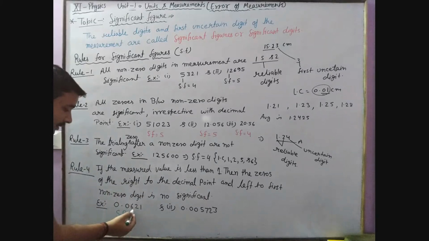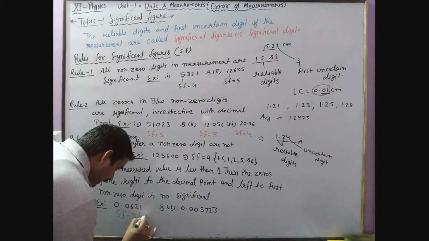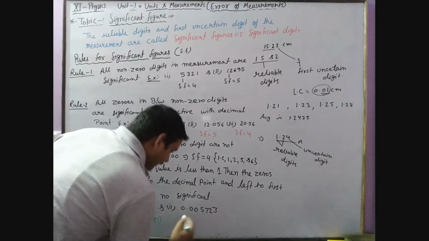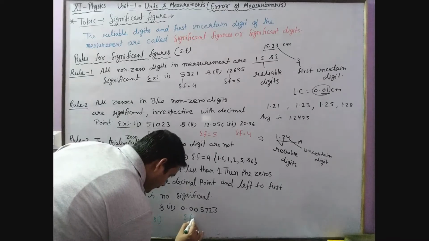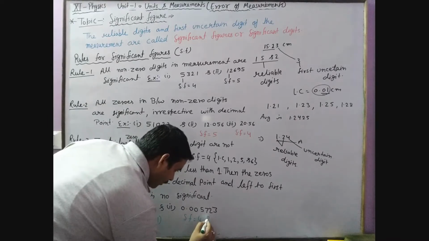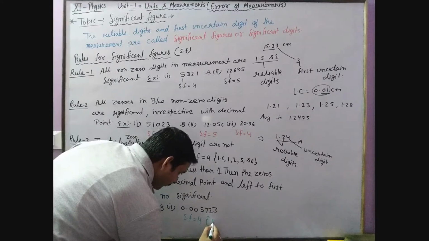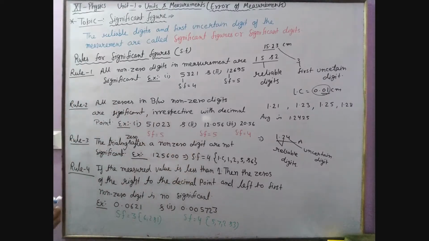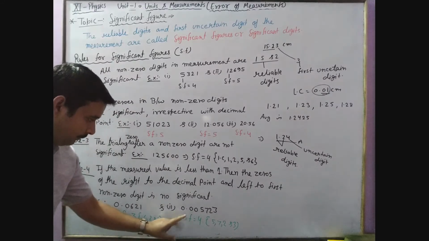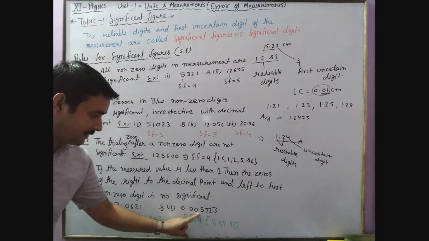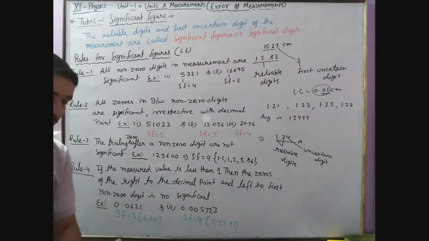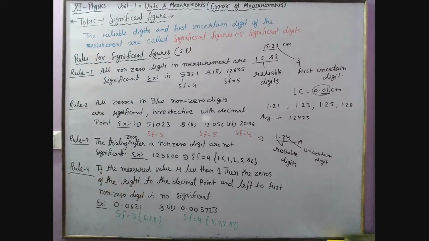So there are only 3 significant figures, which are 6, 2 and 1. And here the significant figures are 4, because 5, 7, 2 and 3 are significant figures. Okay, the 0 right to the decimal and left to the first significant figure is not counted according to rule number 4. Just note it.